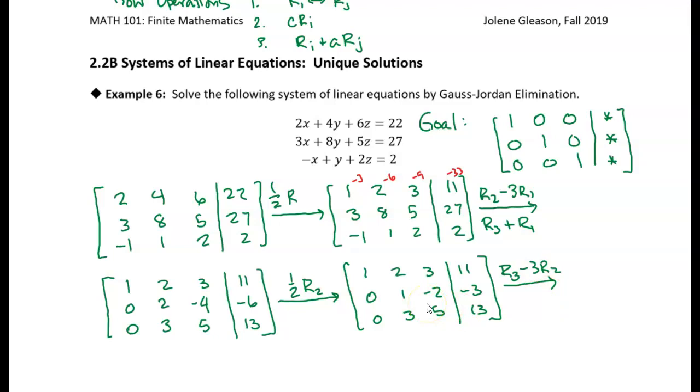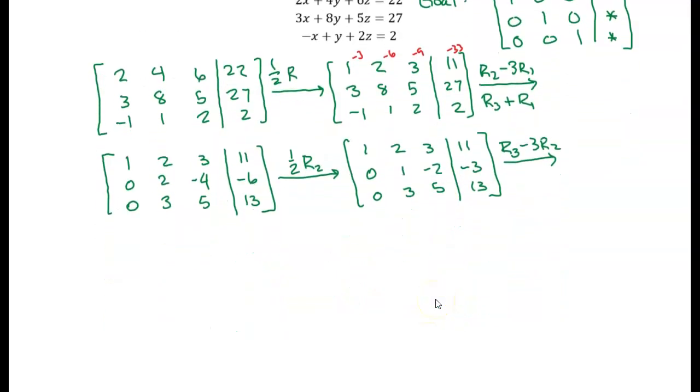Let's take that step first. So what do I get when I do that? I'm not going to change row 1 at all, so I'm just going to copy it down. 11, right? I'm not going to change row 2 at all either. So 0, 1, -2, -3.